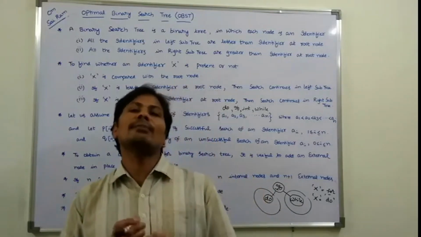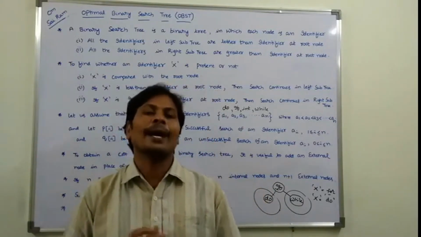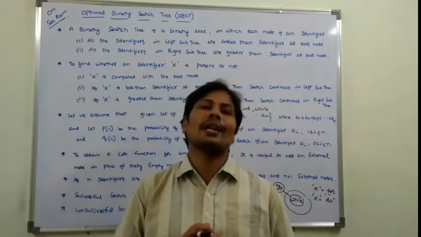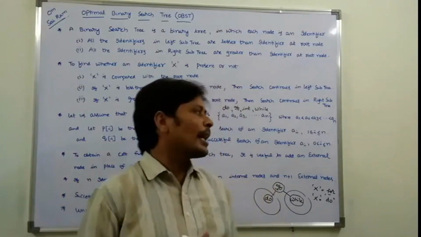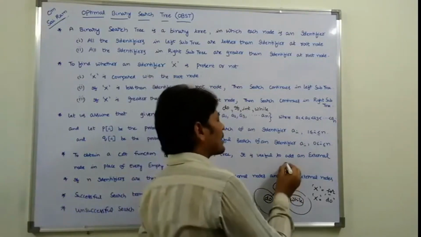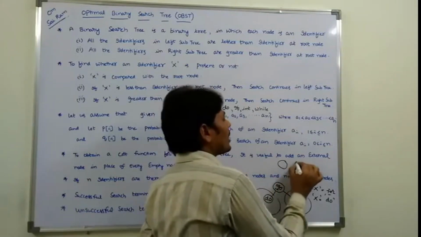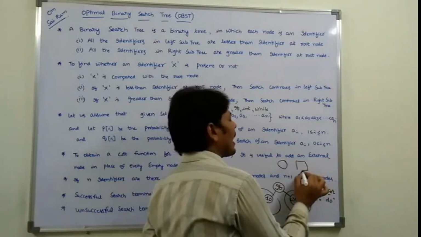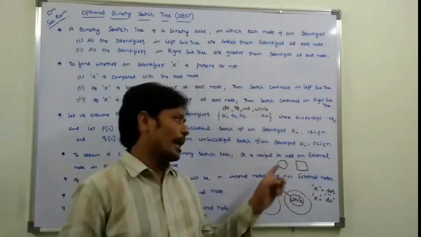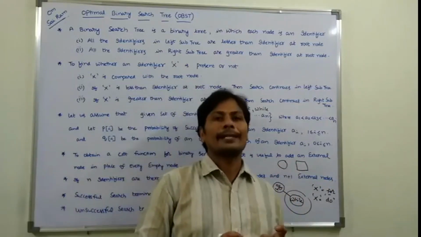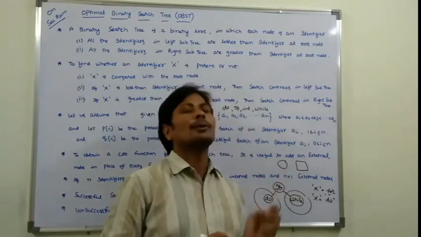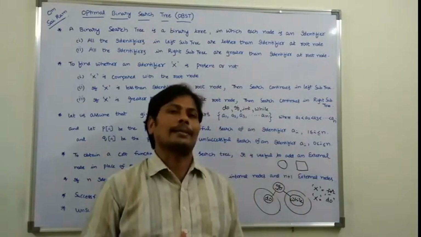So how many internal nodes are there? How many external nodes are there? Internal nodes are represented as circles and external nodes are represented as square boxes.